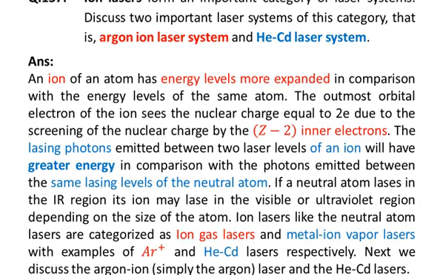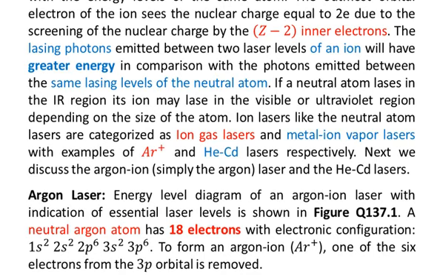This is very important: with the ionized atom, you have energy emitted between the same two levels with greater energy as compared with the photon energy emitted by the same lasing levels of the neutral atom.